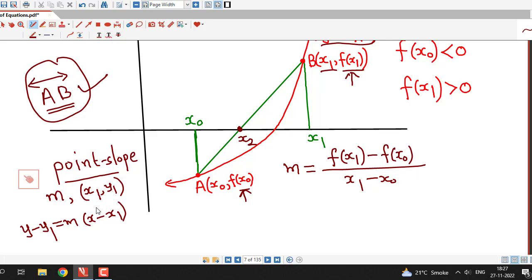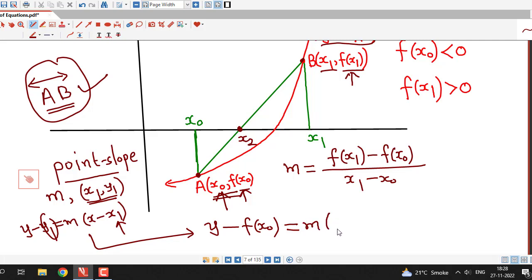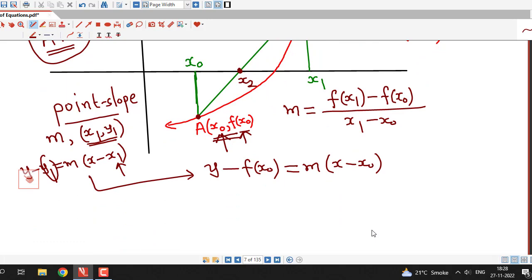Now we require at least one point which is on the line. Here I have 2 points A and B which I know at the beginning, so I can use any point as this point (x1, y1) to write down the equation of a line. Suppose I am using this point, then here I will put y1 equal to f(x0) in this equation, and this is equal to m times (x minus x0), where x0 is the x component.